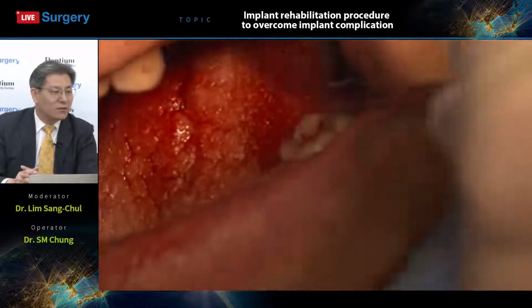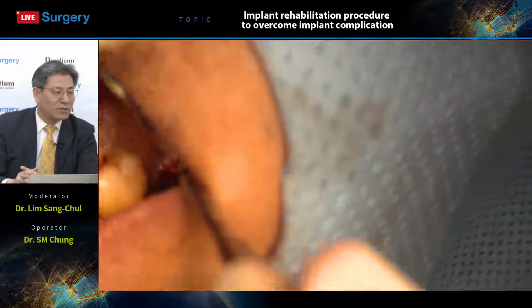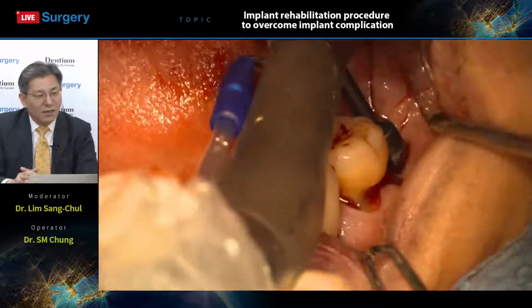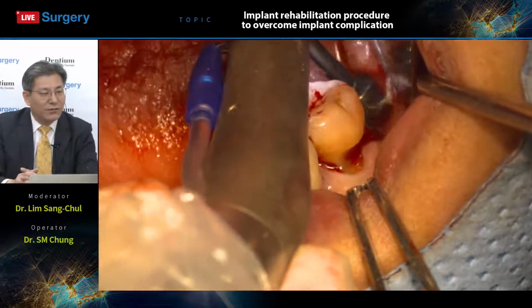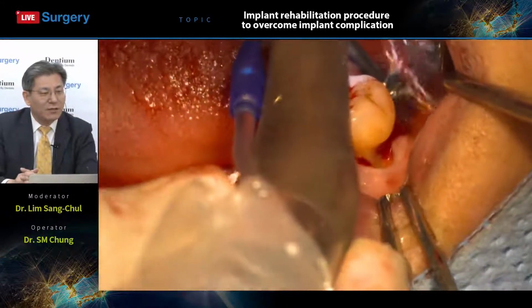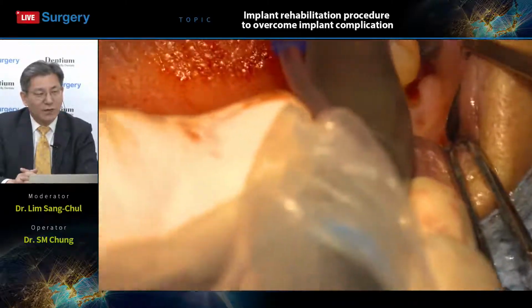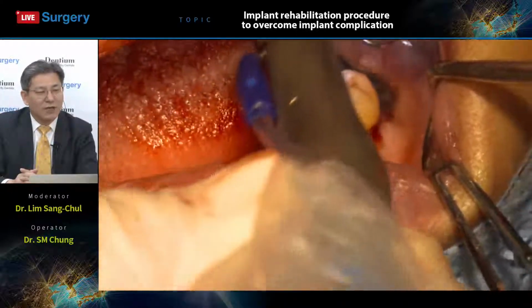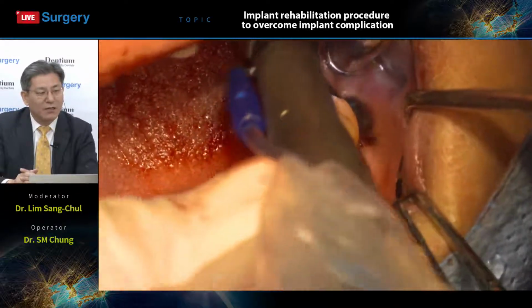Okay, so moving to lower left jaw, number 37 area. Okay, he is using this trephine drill. The higher RPM, around 1200 or 1500 RPM, with the trephine here.